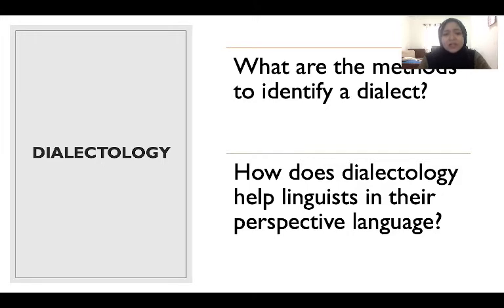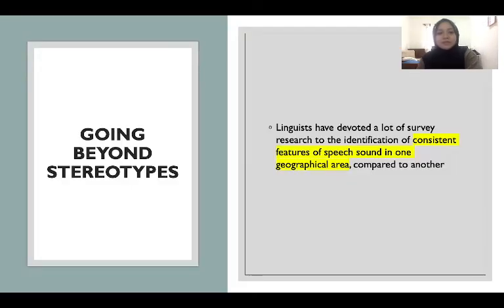So dialectology helps linguists in terms of how a speaker can benefit from using these languages. The aim is not to find which dialect or language is the best or the worst, but we want to be able to identify these dialects or languages because of how they are used, and what are the benefits contributed by these dialects or languages.